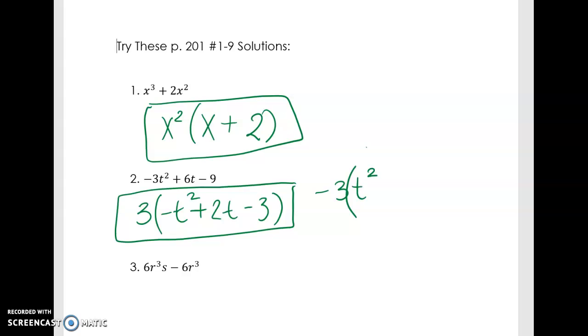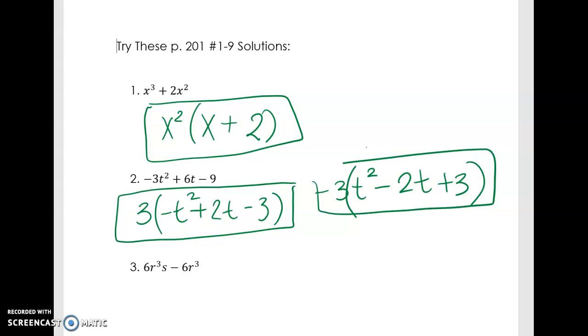Since I factored out a negative 3, I would have to make this a negative 2t so that when you multiply negative 3 times negative 2t, I get a positive 6, because the original polynomial has a positive 6t. Likewise, I would put a positive 3 here to take care of that negative in front of the 3. Either of these answers is correct.